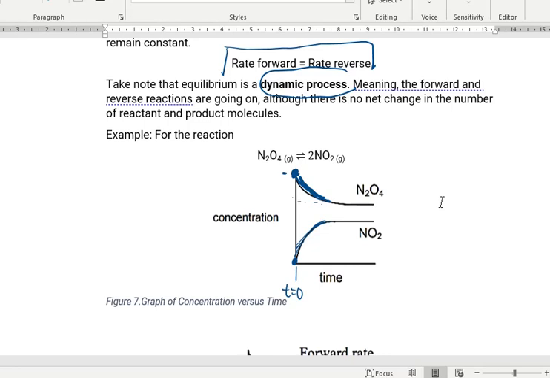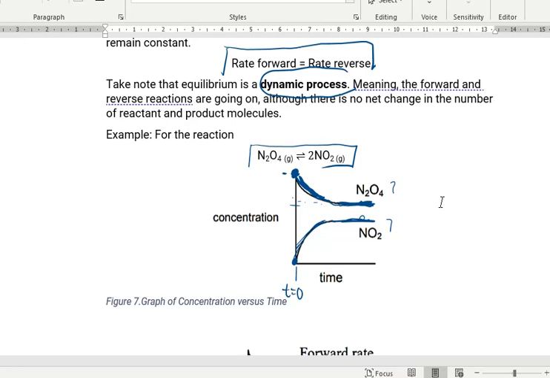Until such time that the concentration of N2O4 has come to a plateau, right? So, it has flattened, which means the concentration of N2O4 has become constant. And the concentration of NO2 as well has become constant. That means that at this point, the N2O4 NO2 system, this reaction has reached chemical equilibrium.